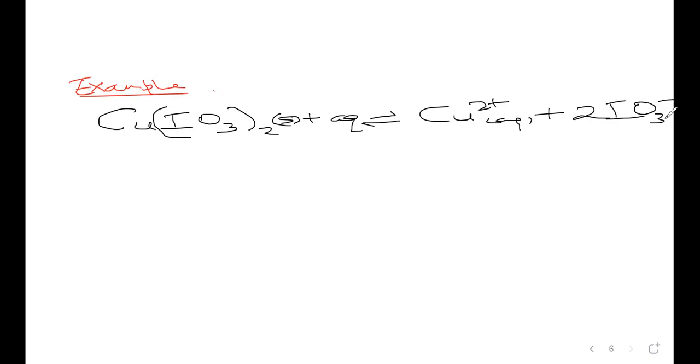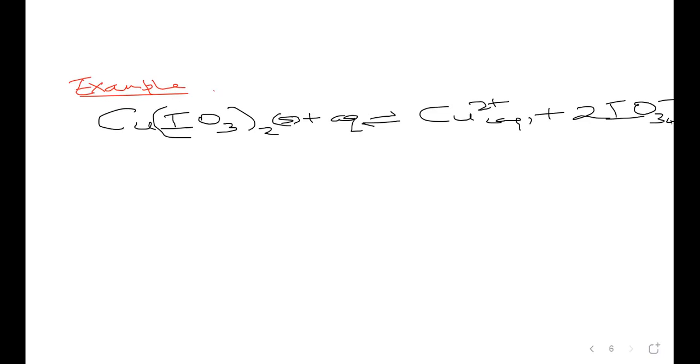I bring you another example. This time I'll say copper 2 iodate. Copper 2 iodate is also sparingly soluble. It has this kind of formula. In a solution, it gives us copper 2 ions and 2 iodate ions.